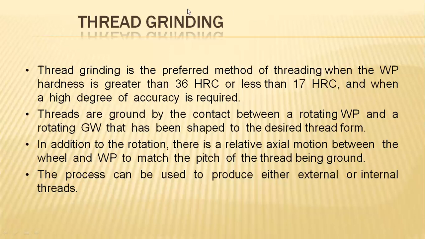For 45 HRC hardness, we can prefer this thread grinding process. Nominally, these threads are ground with respect to the contact of this rotating work part and rotating grinding wheel also.